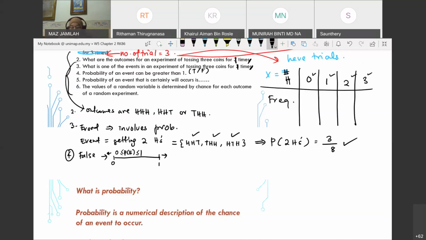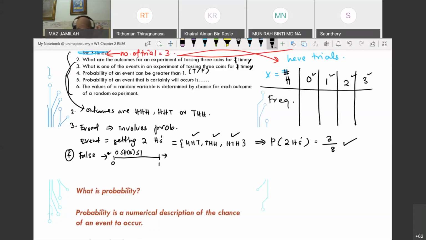The minimum is 0, the maximum is 1. If you are given a probability of an event equal to 1.3, is that a probability or not? The answer is not a probability, because probability is between 0 and 1 only.